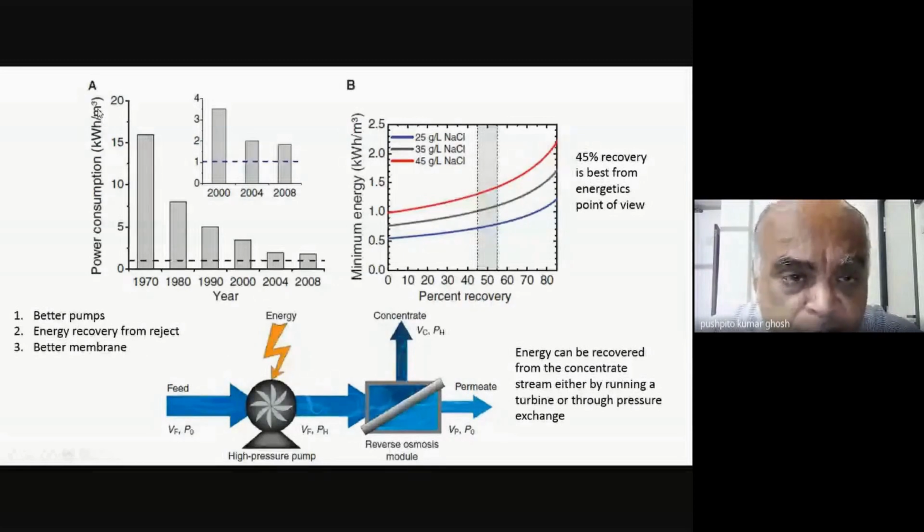And look how it's come down. Today, in the large plants, you can comfortably talk about a figure quite a bit less than 5 kilowatt hour per meter cube. So there has been more than a factor of 3 improvement in the overall productivity of doing reverse osmosis. And this is what has made the technique so popular.